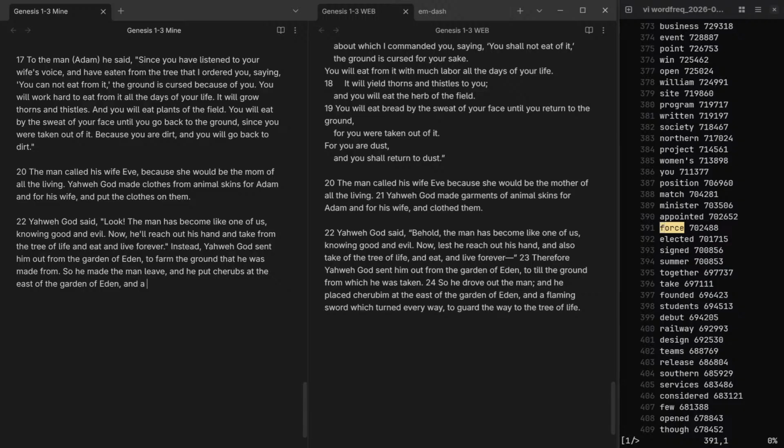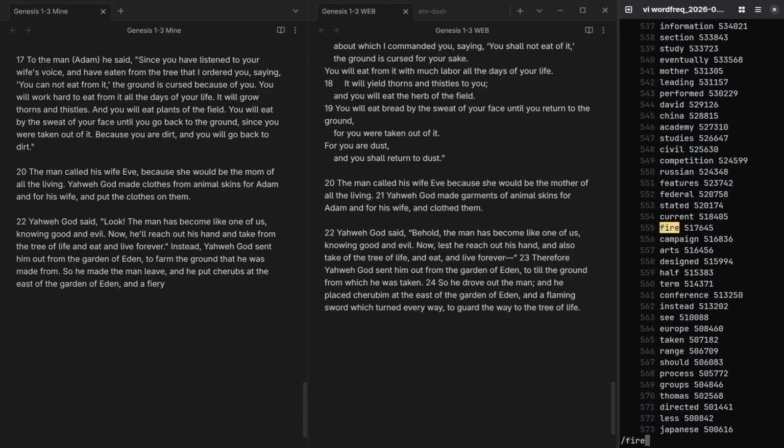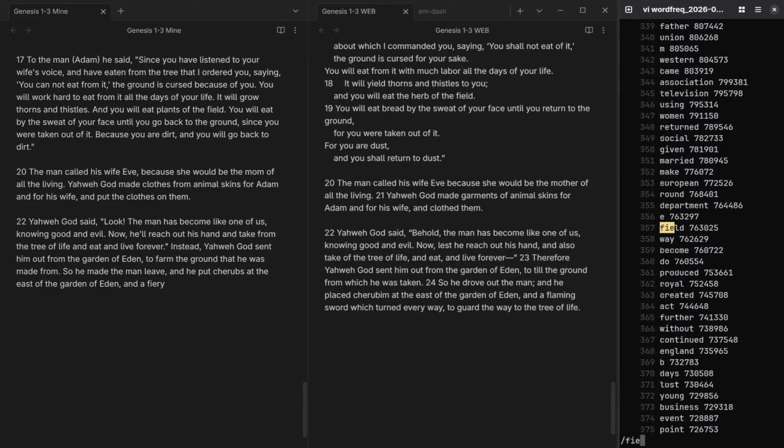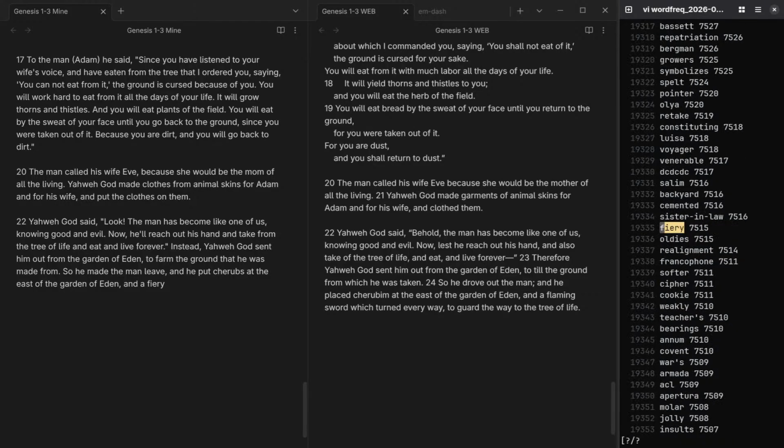Interesting, the original word, flaming sword, the word sword could also mean drought. Huh. I guess in this case it doesn't. Fiery. That's a complex word, though. Fire is pretty common, but fiery is not even spelled the same way. That is fire, right?